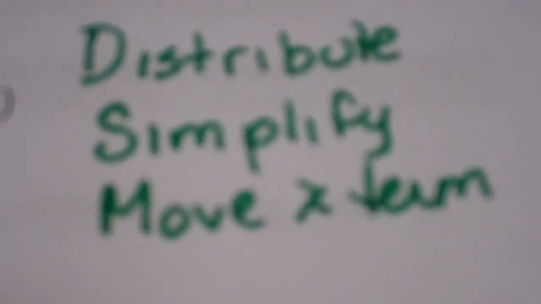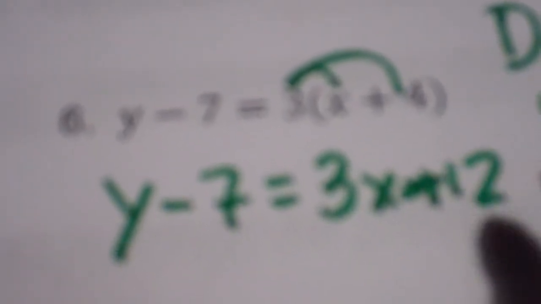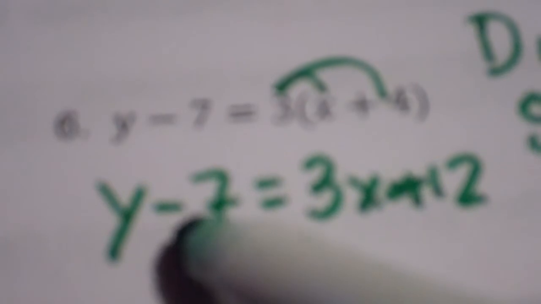Okay, this is what I mean. First step, distribute. I think we did this once before in the other videos. Next step, simplify. By simplify I mean you may need to move this over to here.